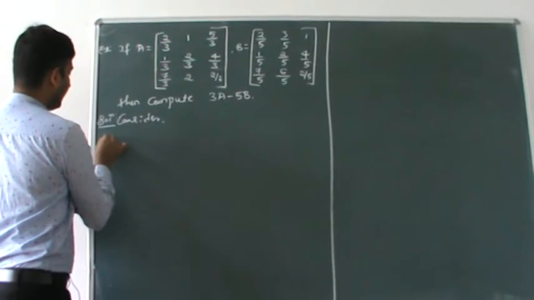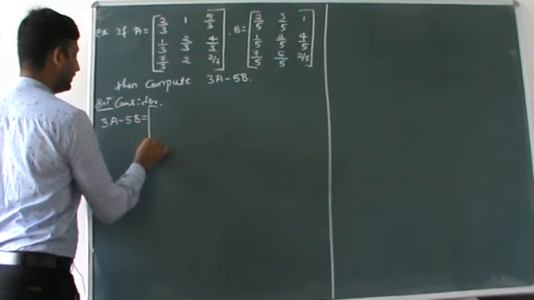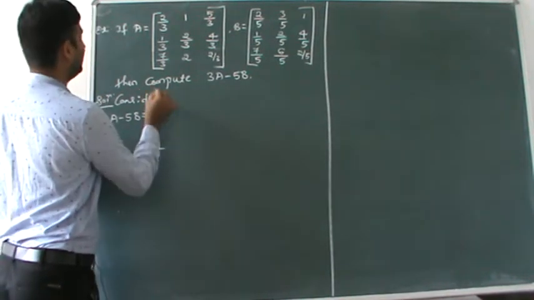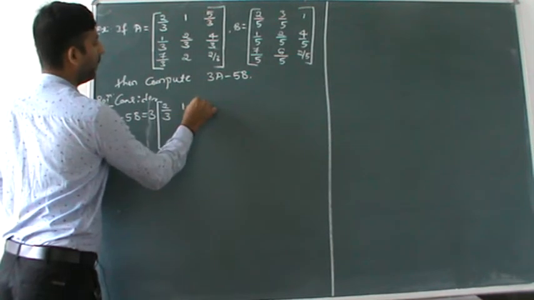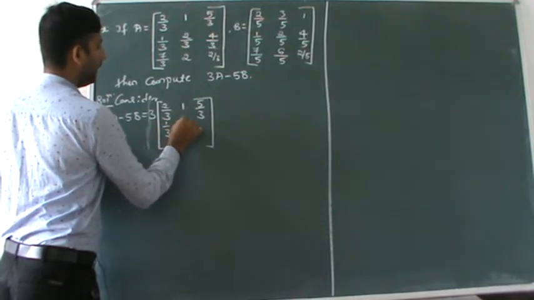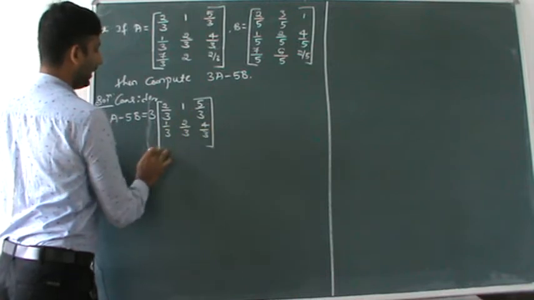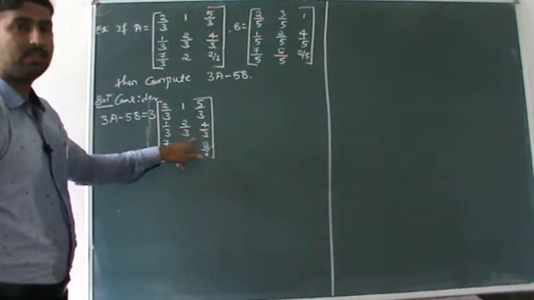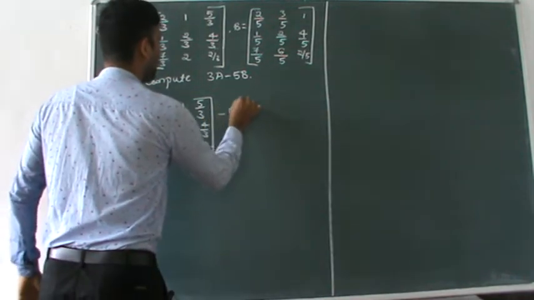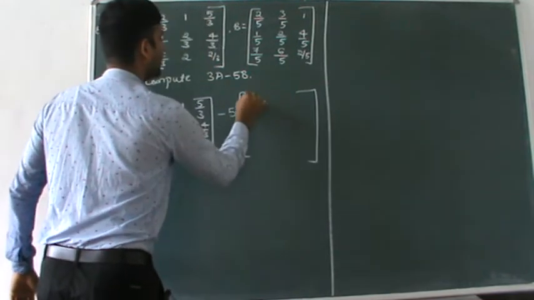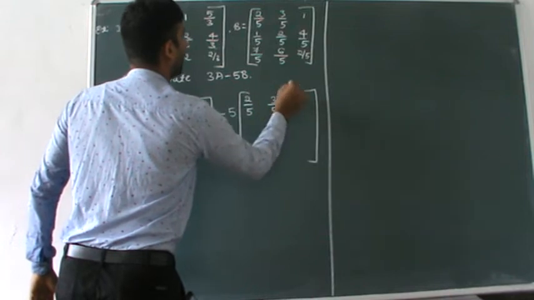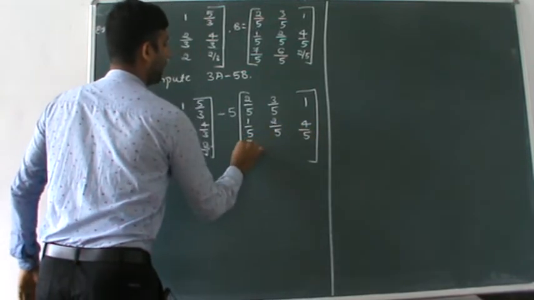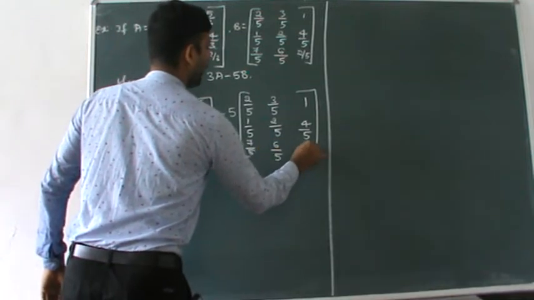Consider 3A minus 5B. It is nothing but 3 times the given matrix A, [2/3, 1, 5/3; 1/3, 2/3, 4/3; 7/3, 2/3, ...], minus 5 times the given matrix B. You write it as [2/5, 3/5, 1; 1/5, 2/5, 4/5; 7/5, 6/5, 2/5].